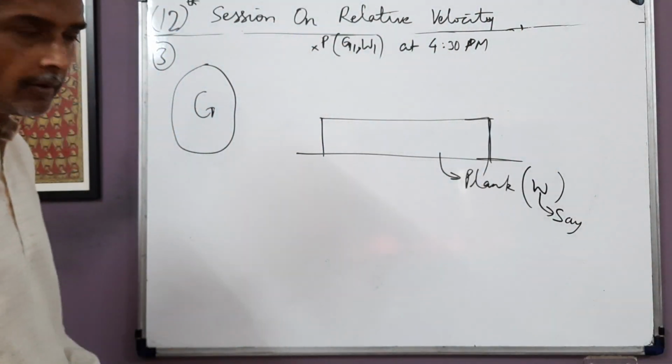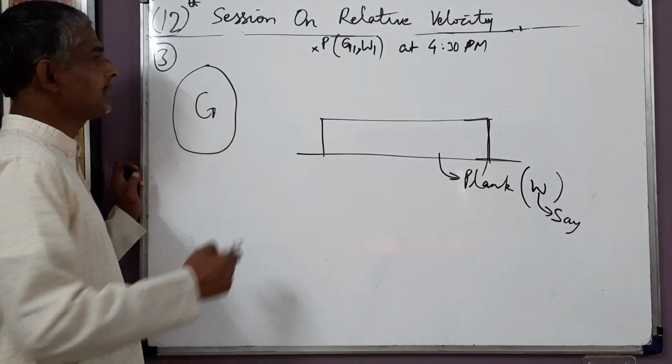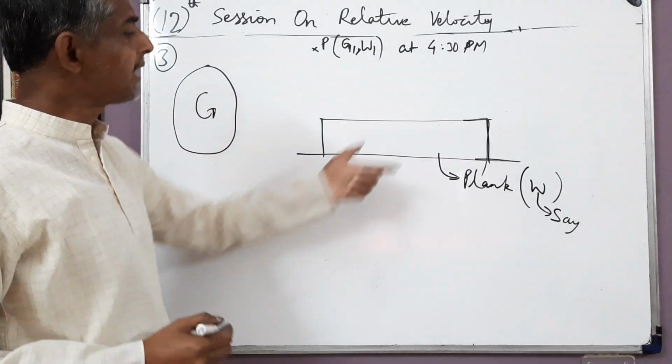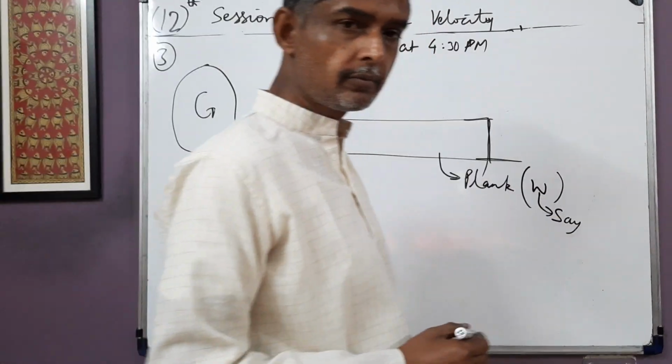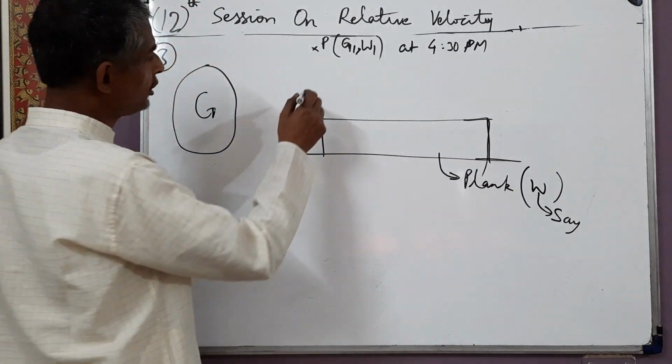Now what happens is that P begins to move down with respect to ground and the plank moves rightward with respect to ground. So say 2 minutes later, point P comes here.